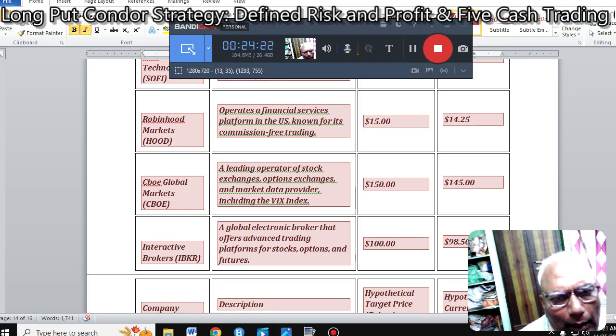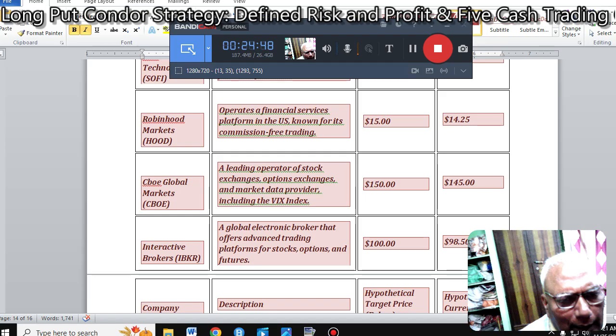Cboe Global Markets, CBOE, a leading operator of stock exchanges, options exchanges and market data provider, including the VIX index. Target price is $150. Now present price $145.